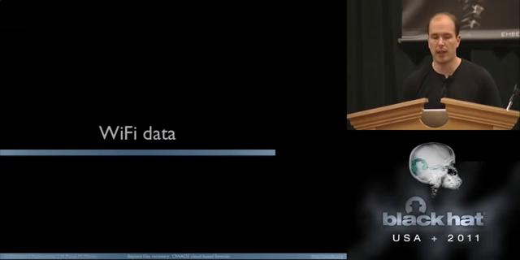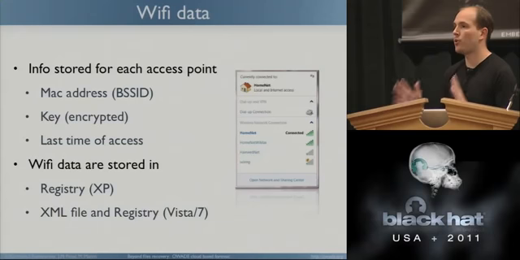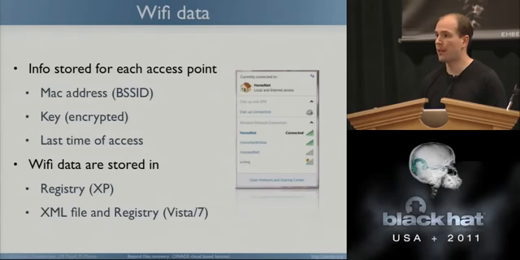How do we deal with Wi-Fi data? The information that Windows stores for every access point you ever accessed is the MAC address of it, the BSSID, its key, which is encrypted with DPAPI so you can't read it directly, and the last time you accessed it. In Windows XP, all of this is stored in the registry.